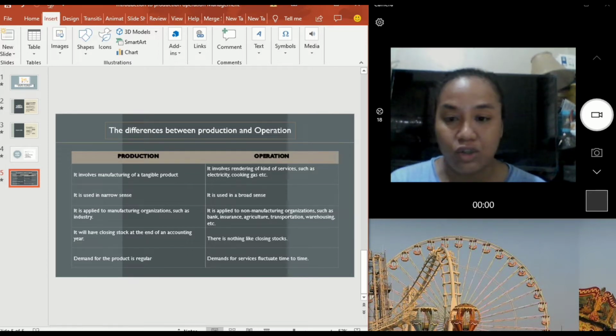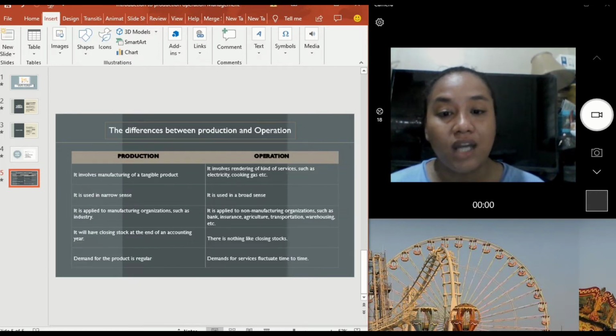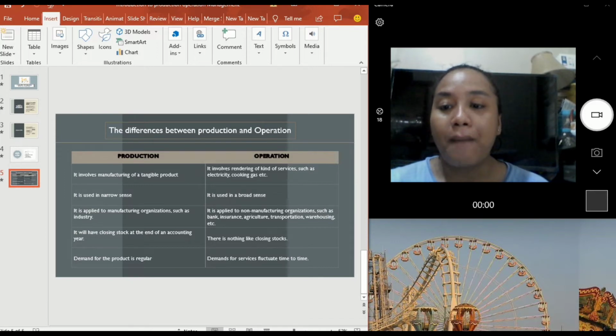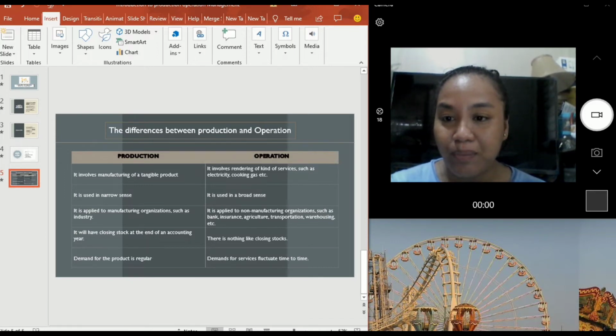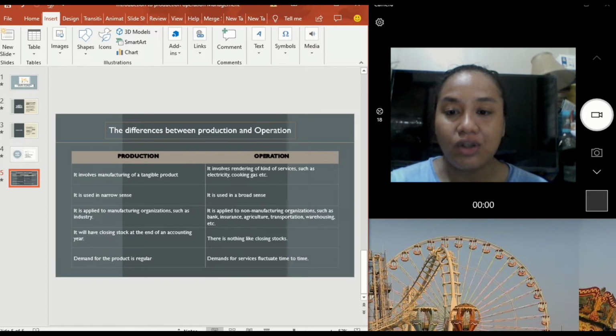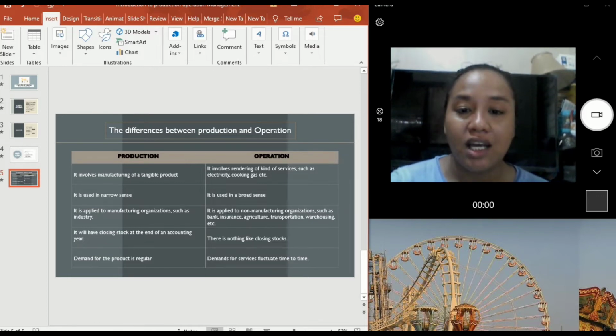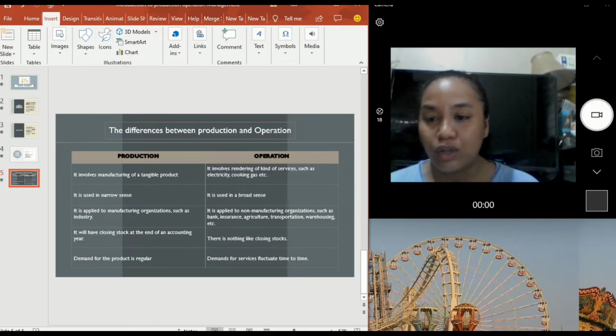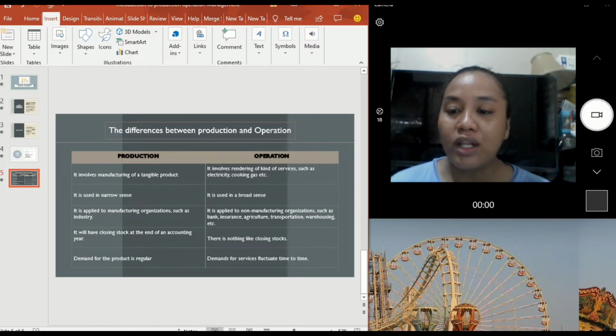And for the operation, it is applied to non-manufacturing organizations such as a bank, insurance, agriculture, transportation, warehousing, etc. Again, it is applied to a manufacturing organization for production, and for the operation, it is applied to non-manufacturing organizations.